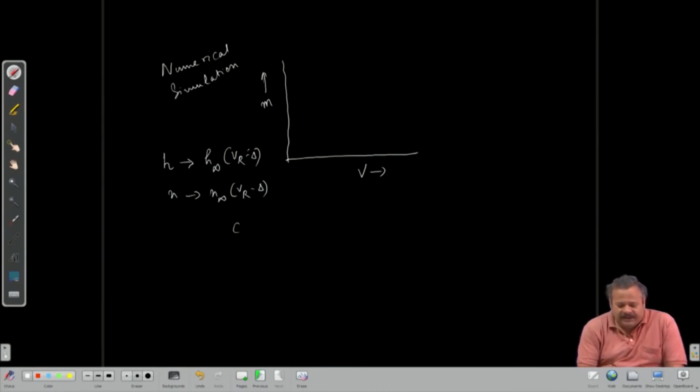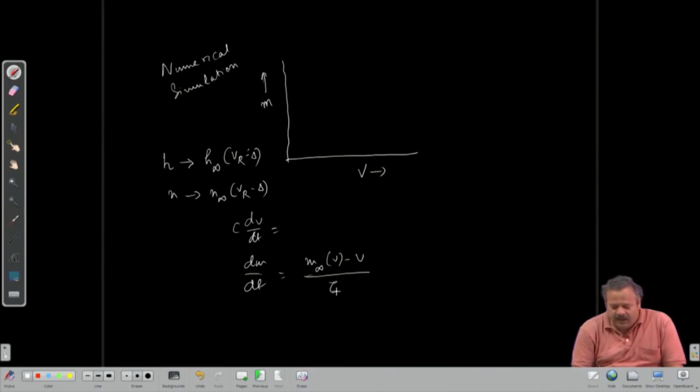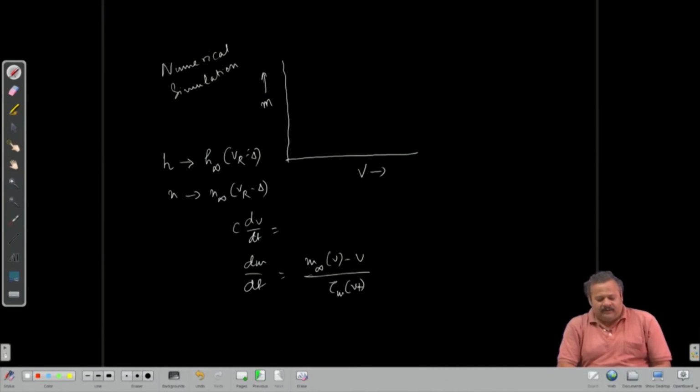So, we have our C dV dt equation and our dm dt equation. These two will define our system's behavior, at least in the initial few milliseconds, which will show us the anode break phenomenon.